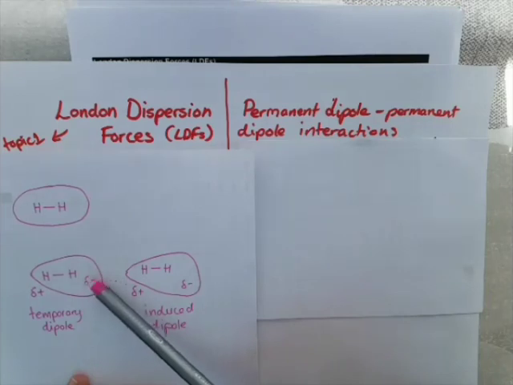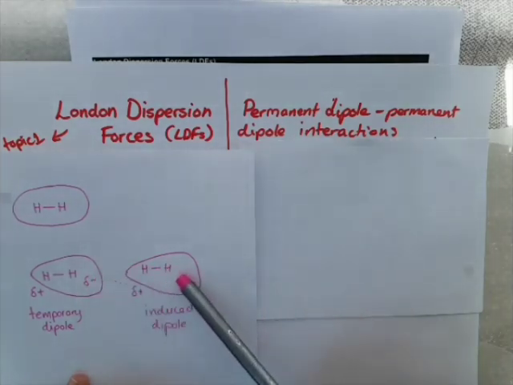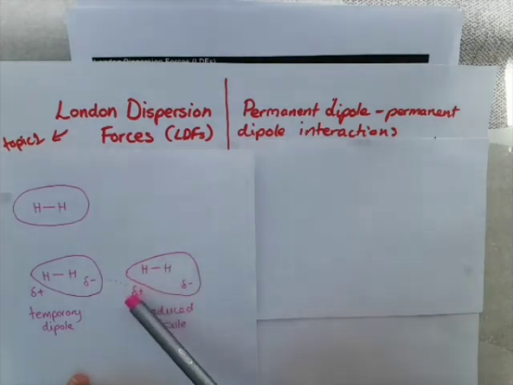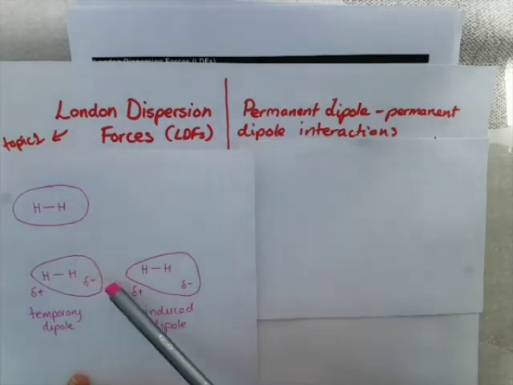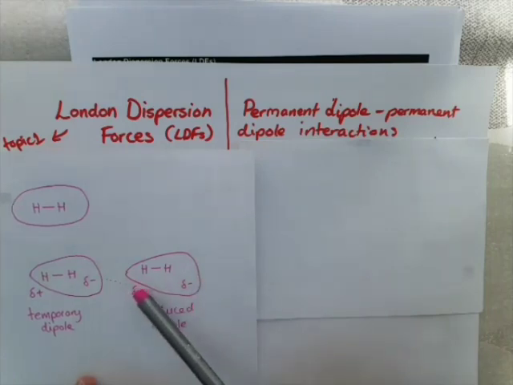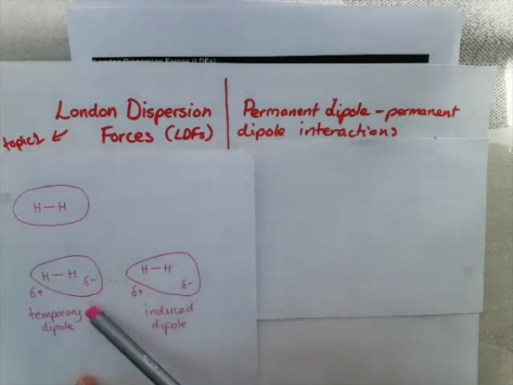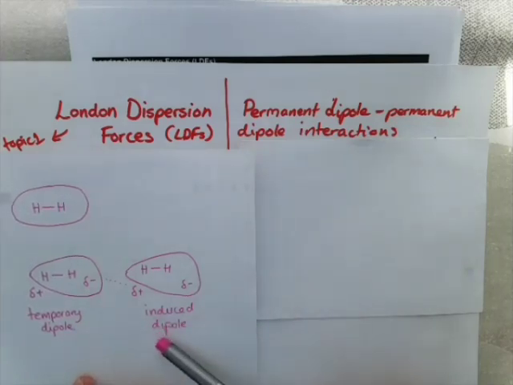So if we've got more negative on this side of this molecule, that's going to repel the electrons away from the next door molecule. We're then going to end up with a slightly positive bit on the next door molecule, next to the negative bit on the original molecule, and then a negative bit on the far side of the neighbouring molecule. This separation of charges, which is caused by the original temporary dipole, is called an induced dipole.